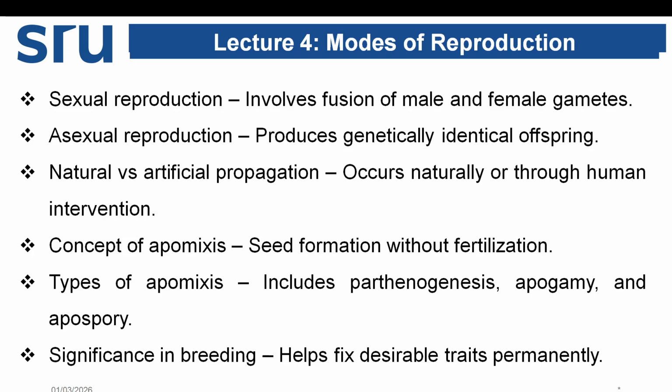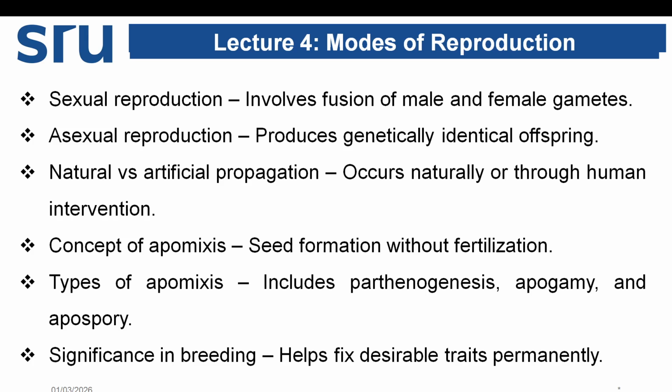The next point is natural versus artificial propagation, which occurs naturally or through human intervention. Then in this topic there is the concept of apomixis, the formation of seed without fertilization.